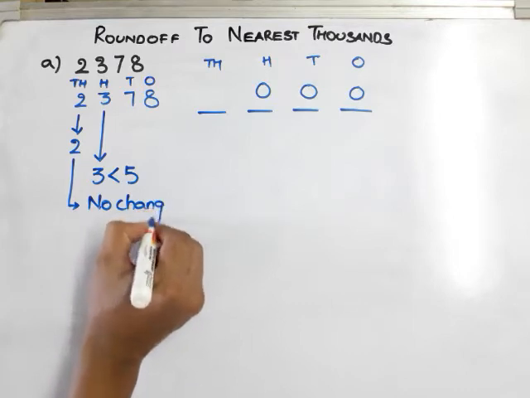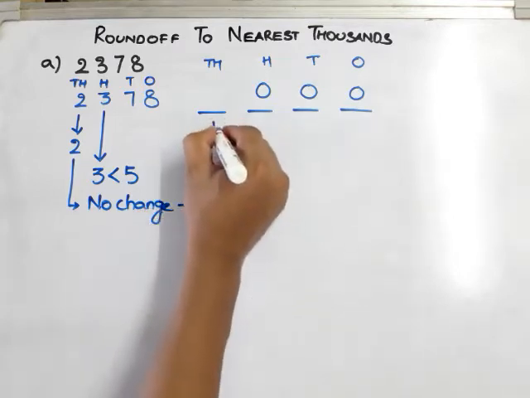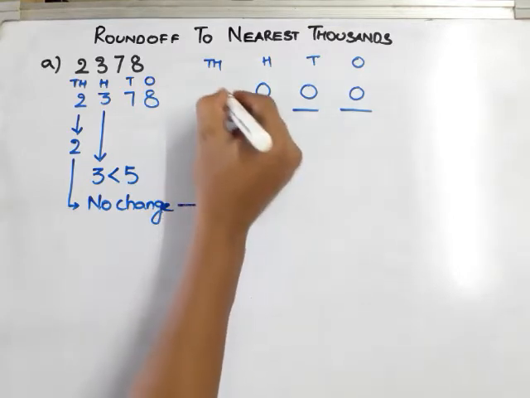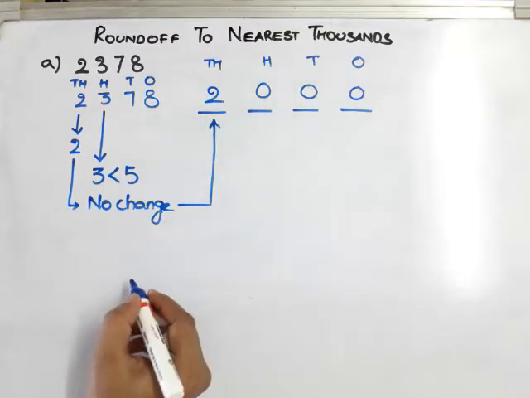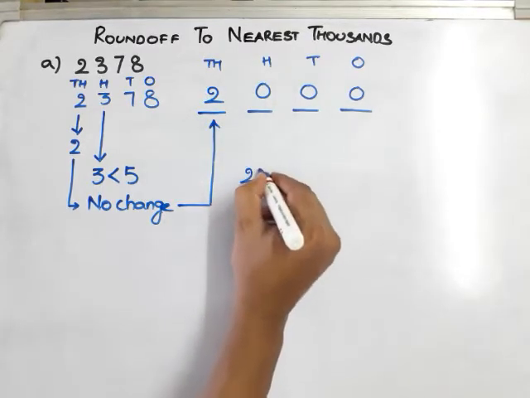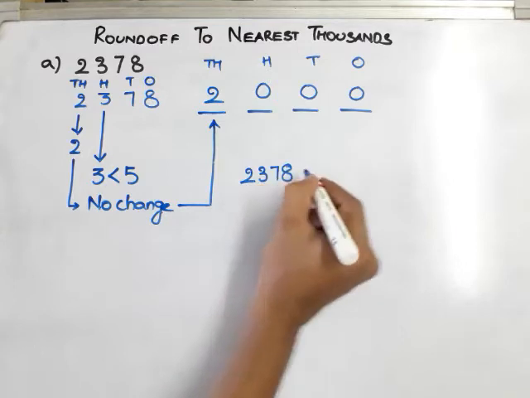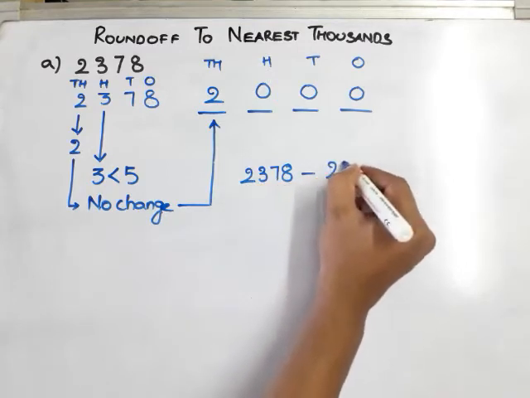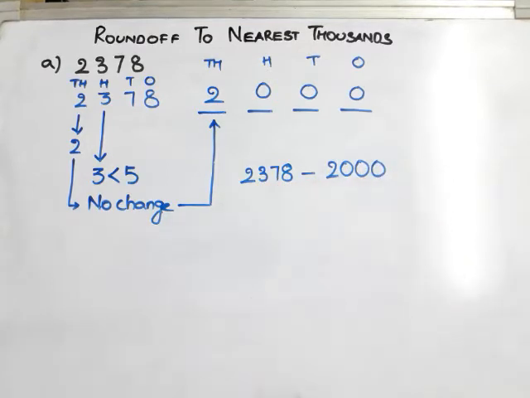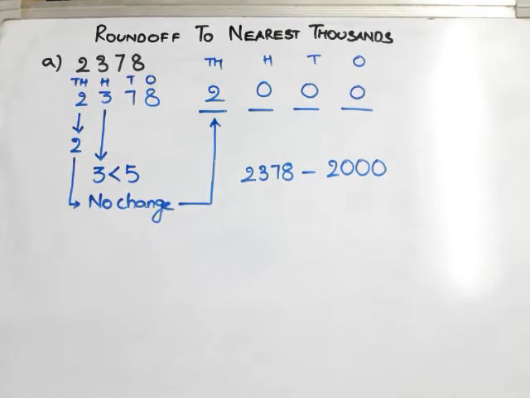That means 2 will go as it is to the thousands place. So the rounded off value of 2378 is 2000.